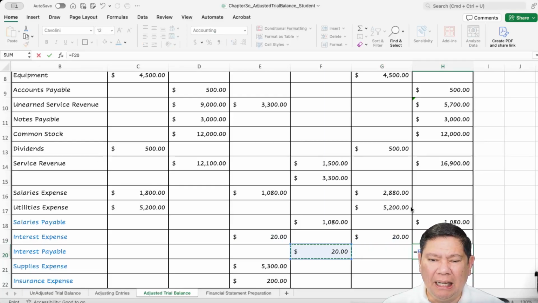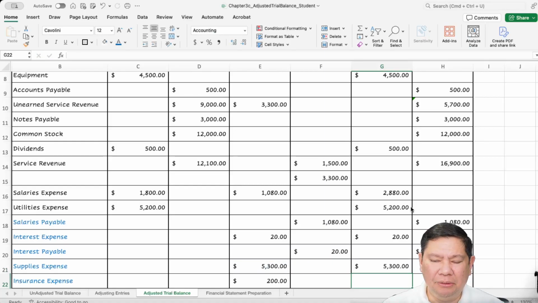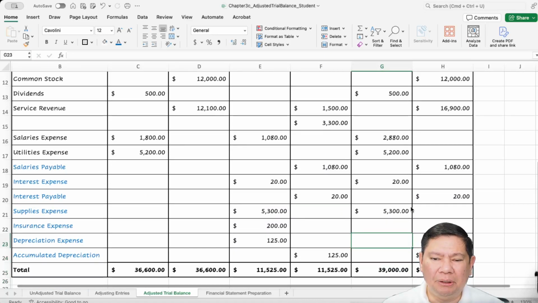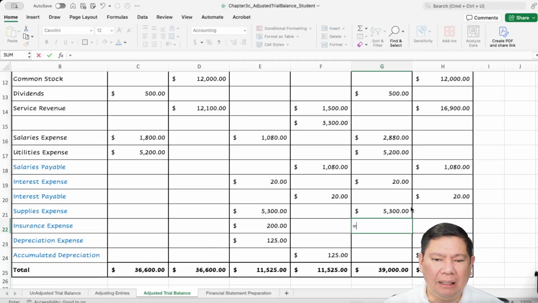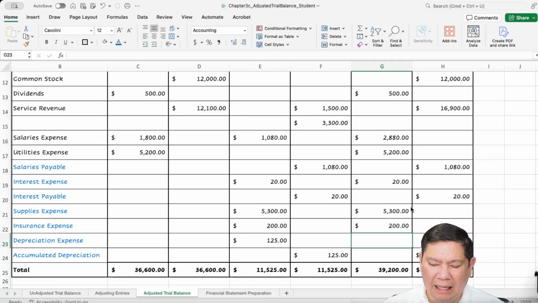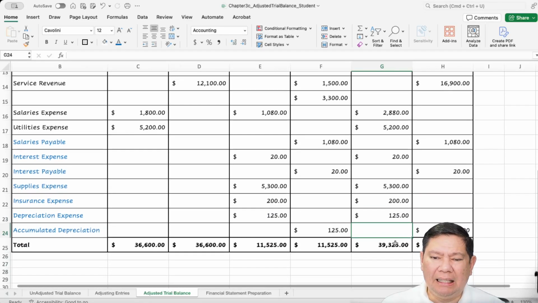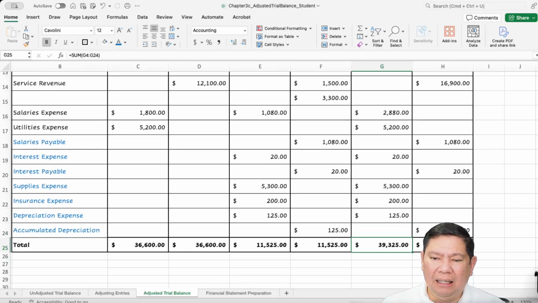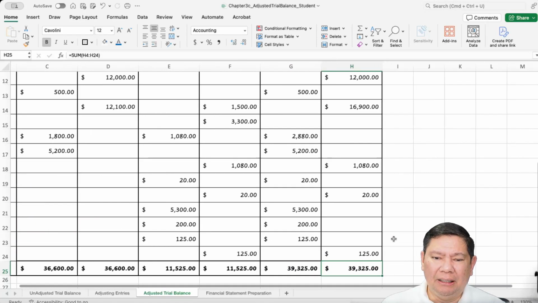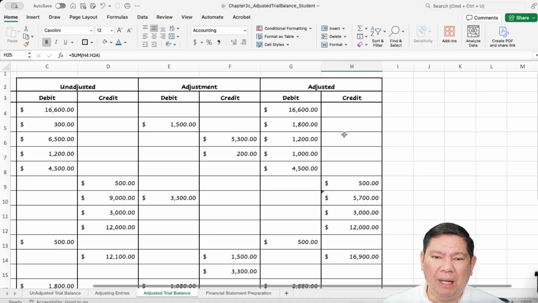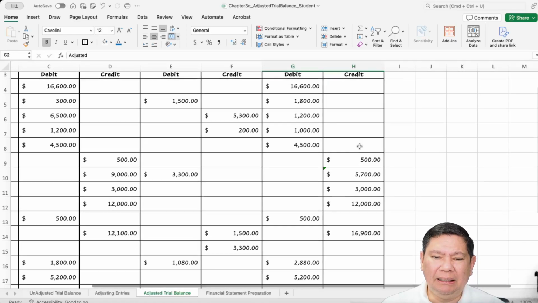Interest payable, that's new. Supplies expense is new. All these new items, we have to make sure they're reported. And depreciation expense. So you see that these are the two totals for debit and credit columns. Again, they have to be identical. So that's how we prepare the adjusted trial balance.